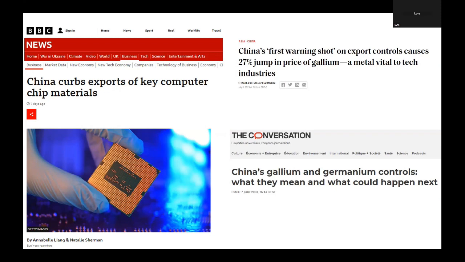And if you want to play that game, we can go as far as we want. So since July, there are some export restrictions imposed by China. And building on this, I think it's quite important for our Western societies to develop our own supplies of these quite atypical metals.